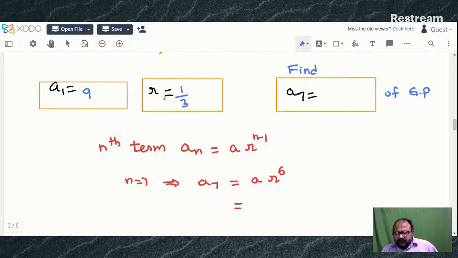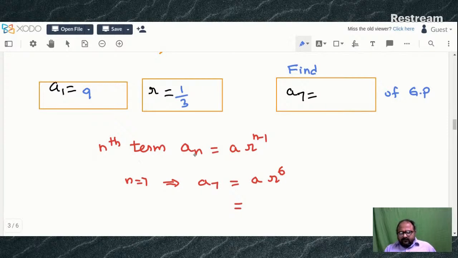So if a geometric progression is given such that the first term is 9 and the common ratio is 1 by 3, you are asked to find seventh term.